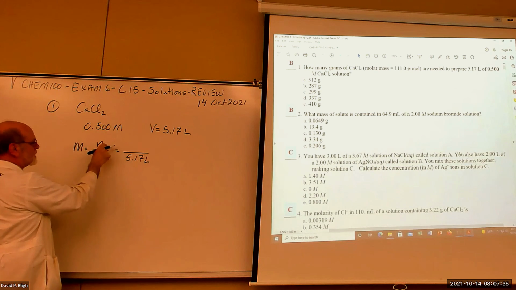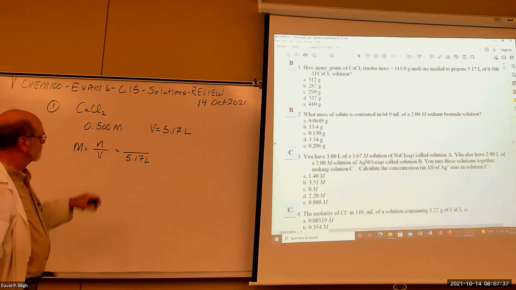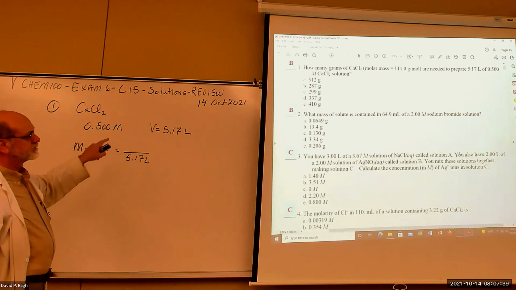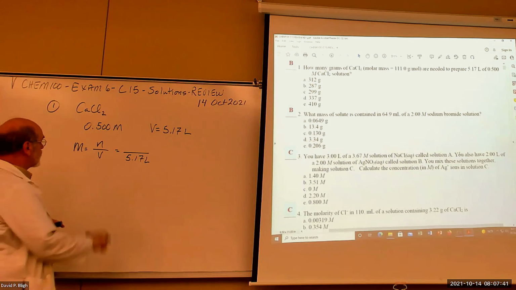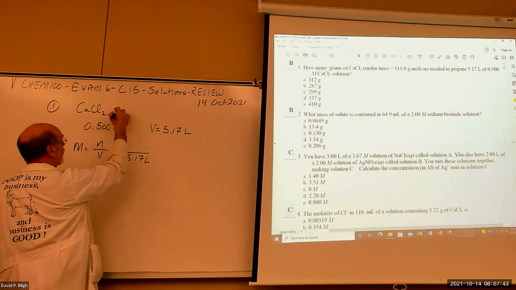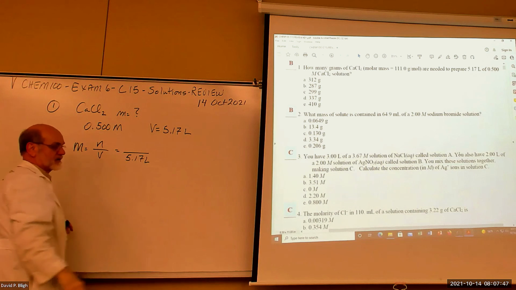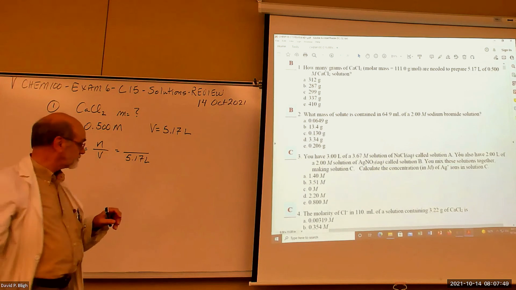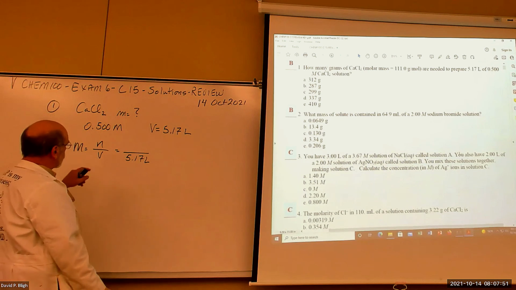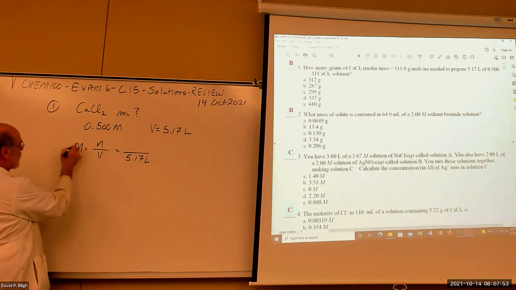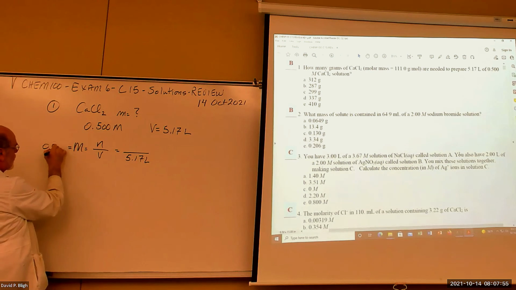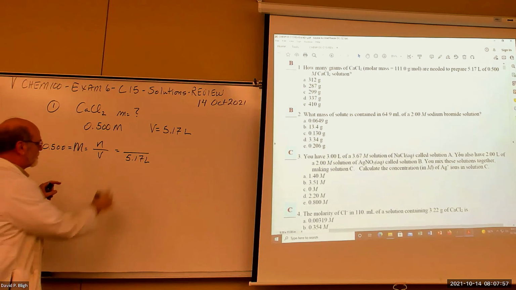What we don't have is moles. And the question is not moles, but grams. It wants to know the mass of calcium chloride. So we have molarity also, 0.500.